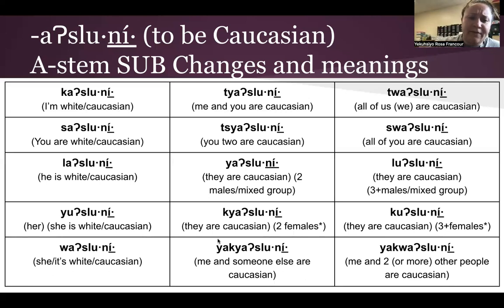Okay, so the one after that, Yagyazlun, me and this other person, we are white. Same thing there. Me and someone are white, but it might shorten to we are white, but you know that when we're talking about me and this other person, that is a we exclusive because you are not included in that, okay? However, if I said Dwazlun, all of us are white or Caucasian, that is a we also, but it's a we inclusive, me, you, everyone is included in that, okay?